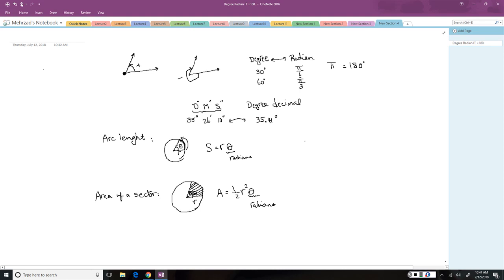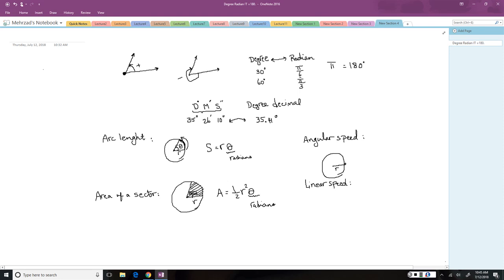We also talk about angular speed and linear speed. Both of them concern an object that is in motion around a circle. The circle has a radius.